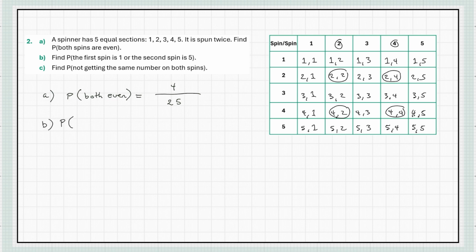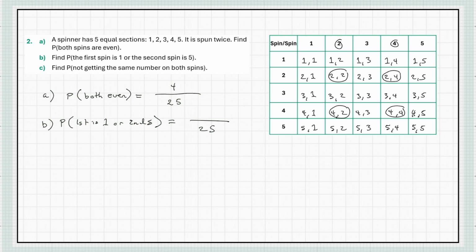So what's the probability that the first spin is 1 or the second spin is 5? So we know it's total outcomes out of 25.